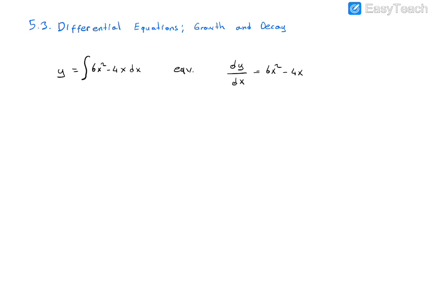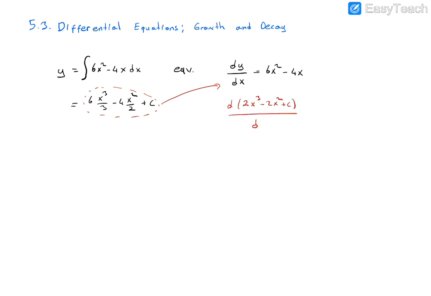For example, here y equals 6x cubed over 3 minus 4x squared over 2 plus a constant term c. If you replace this y in this equation, you can observe the derivative of this, which is 2x cubed minus 2x squared plus c.